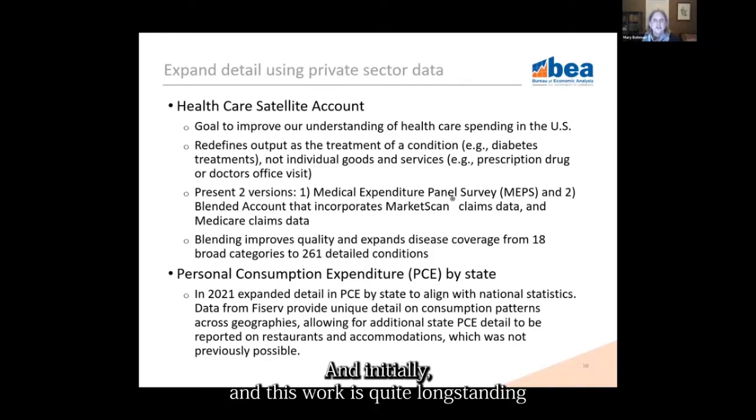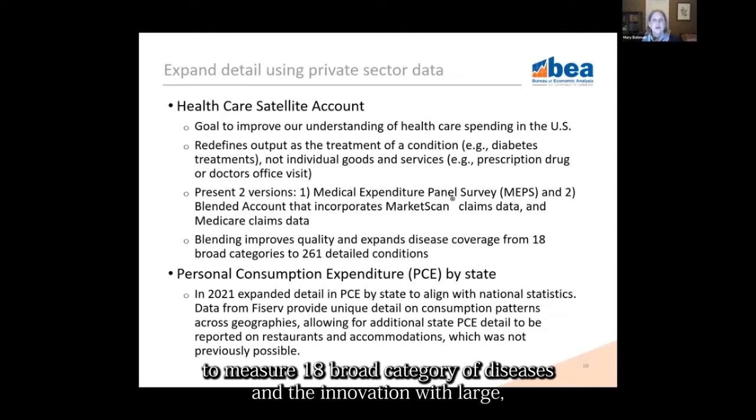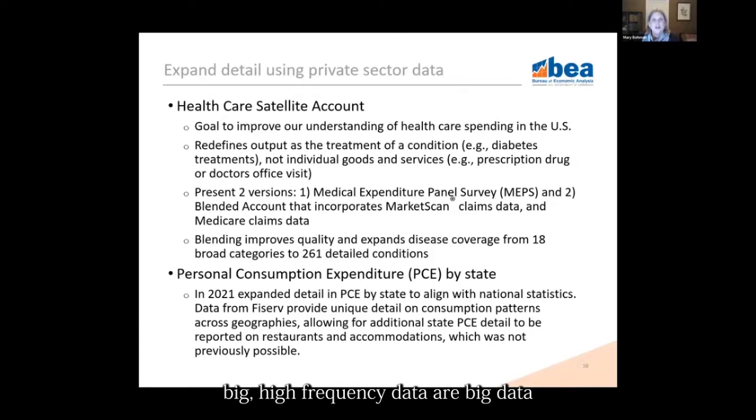And initially, and this work is quite longstanding, BEA used the Medical Expenditure Panel Survey to measure 18 broad categories of diseases. And the innovation with big, high-frequency data is that we can bring in a lot more data.